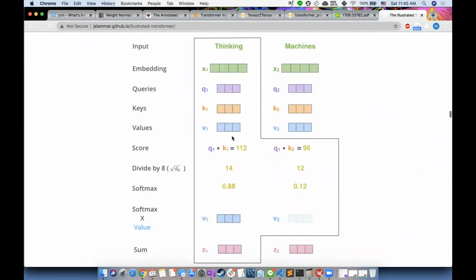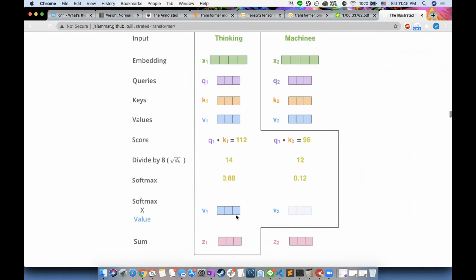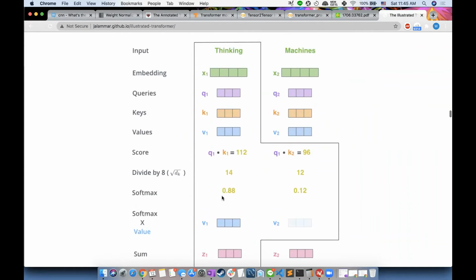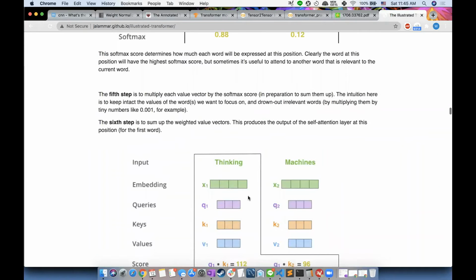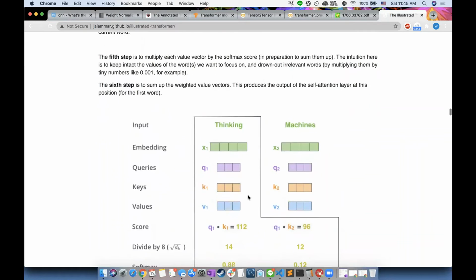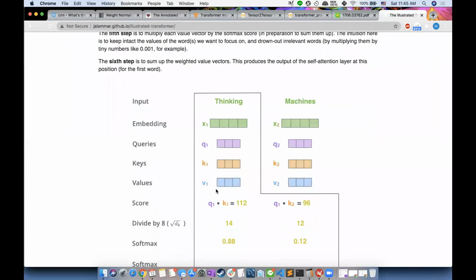Okay, so let's just do softmax times the value. When we softmax that and multiply by the value vector, each value vector, and again, the value vector is this one.